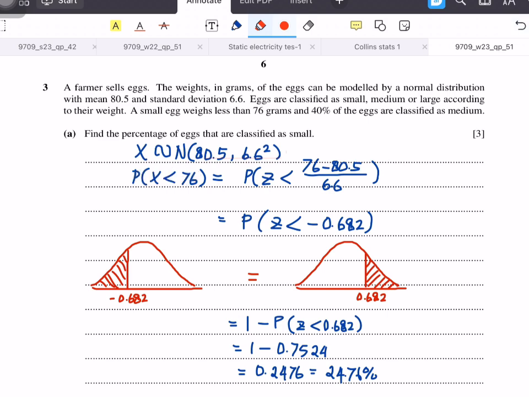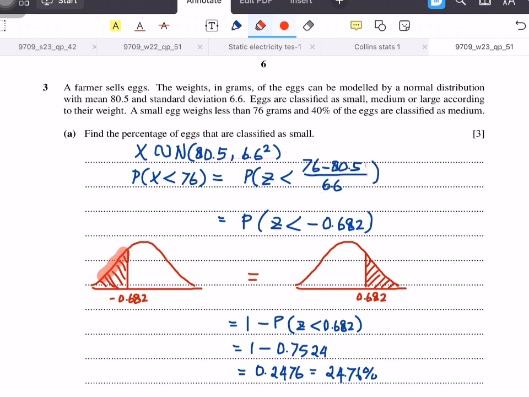So we are to find probability x less than 76. It's the same as probability z less than (76 minus 80.5) divided by the standard deviation 6.6. So it's probability z less than negative 0.682.